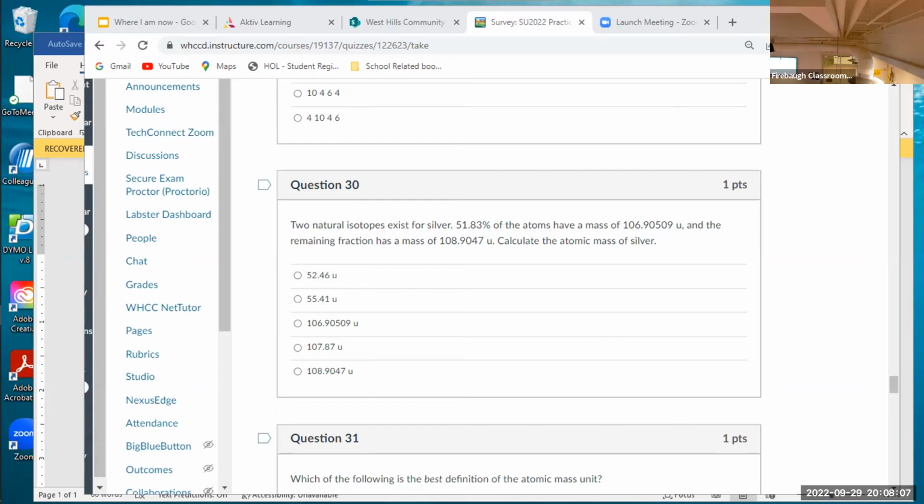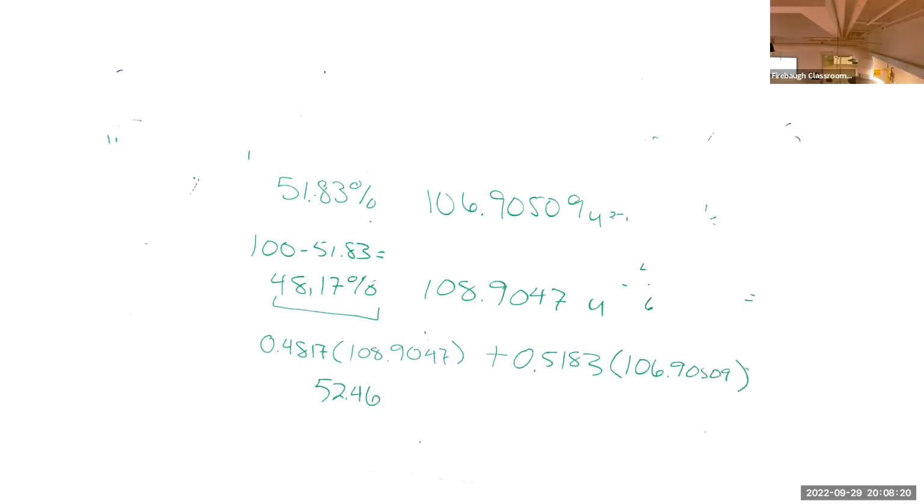So somebody do that for me in their calculator. 55.41. So if we add these two together.